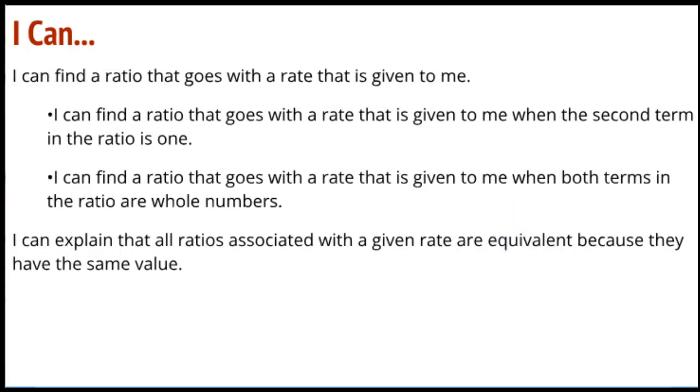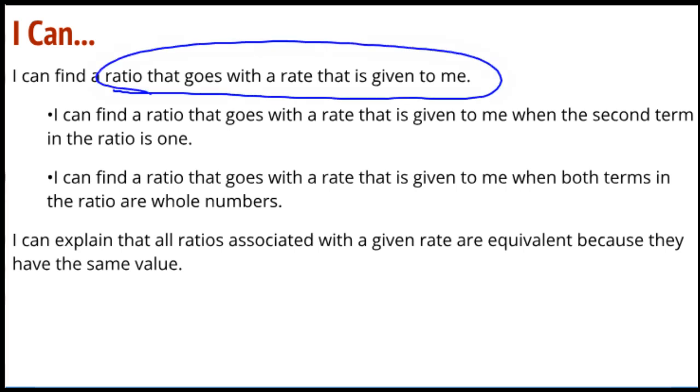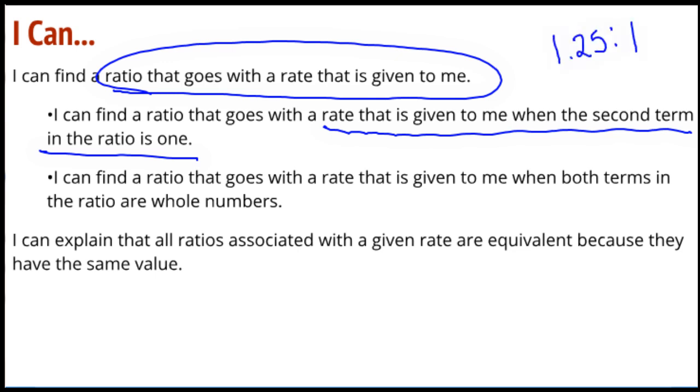So hopefully, as we wind down the lesson here, you are feeling confident that you can take a rate that's given to you and find the ratio. And on top of that, you can use the ratio to answer questions. As we have gone through these examples, we have looked at rates that have a second term in the ratio as 1. So the $1.25 to 1 apple.